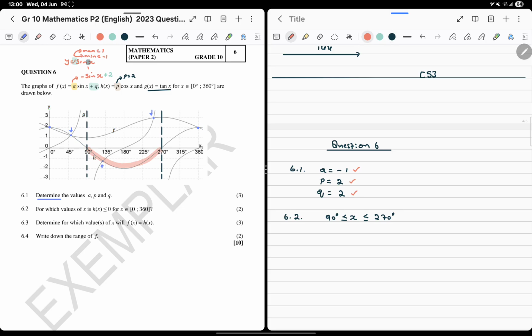Okay, so normally for this notation, which we learned from paper 1, inequalities, sometimes termed double inequalities, we should know how to do this notation right. Please don't find yourself reversing the signs. Don't write like this: 270 greater than or equal to x, while x itself is greater than or equal to 90 degrees.